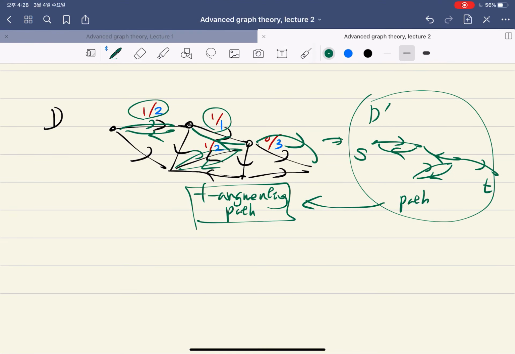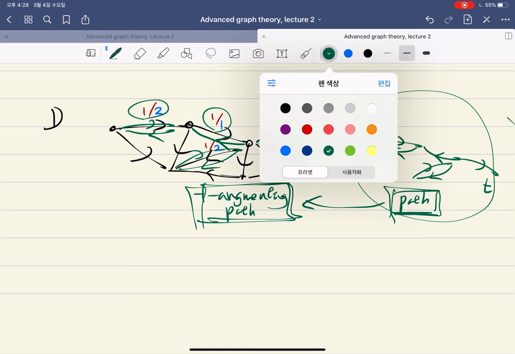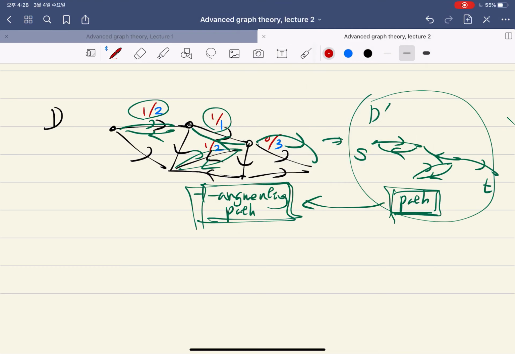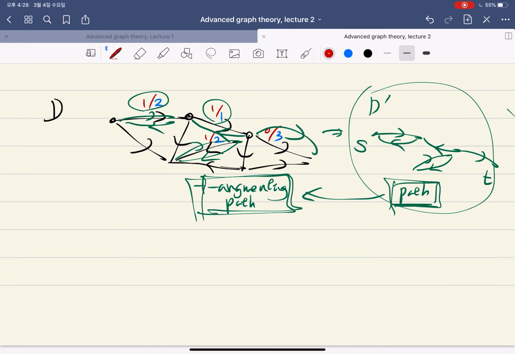So finding an F augmenting path changes to the problem of finding a path from S to T in this directed graph. And finding a shortest path from S to T in a directed graph can be done by breadth first search. Breadth first search, yeah, I think that's the proper name.